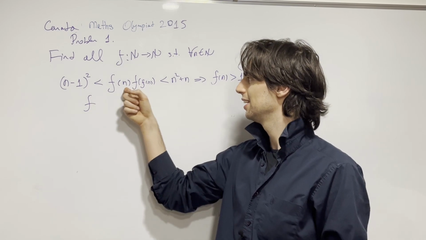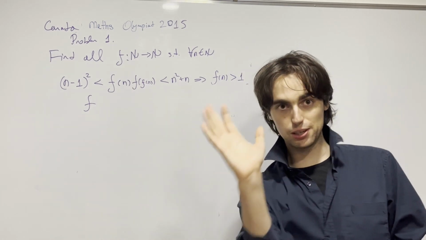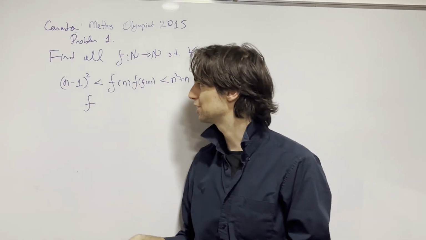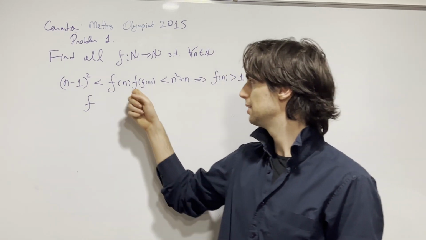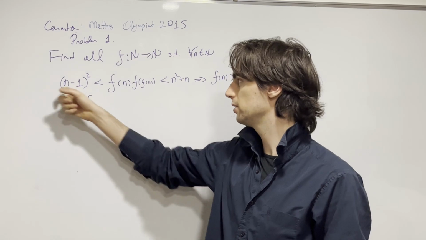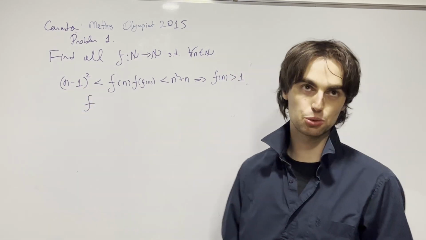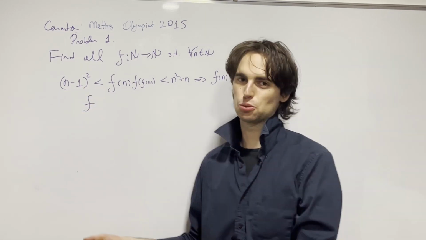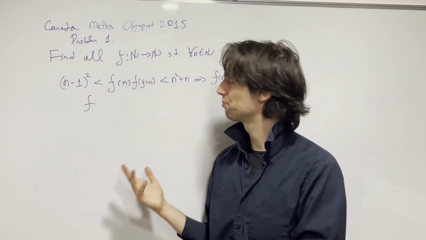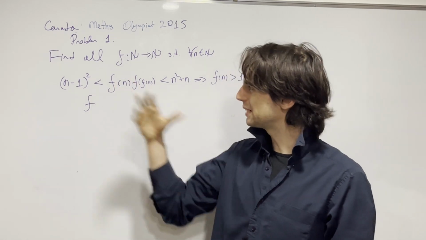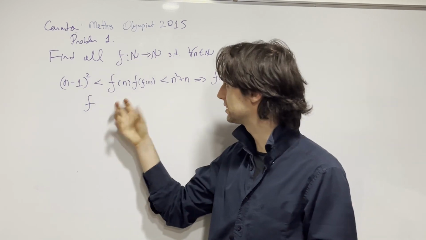Why? Because f of n for every n greater than that, say t, is going to be greater than t. If it was less than t, then both of these would be t. We would have t squared, and here we have n minus 1 squared. n minus 1 squared is greater than or equal to t squared. We have a contradiction.